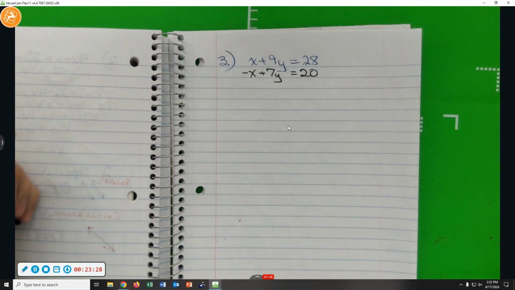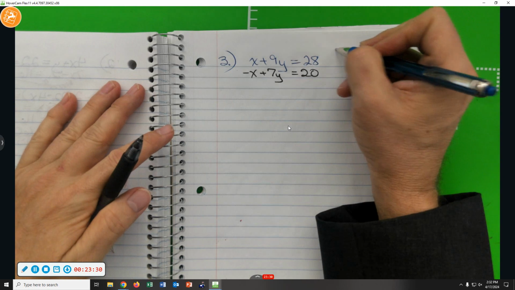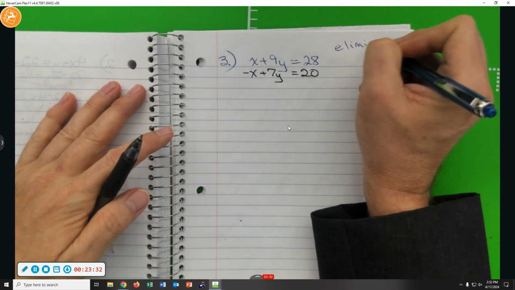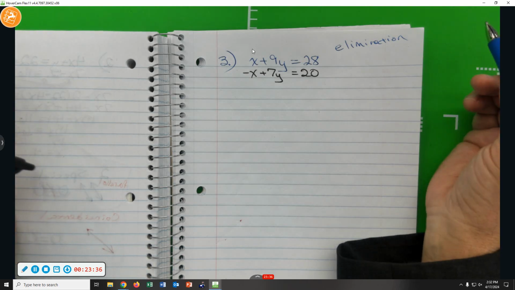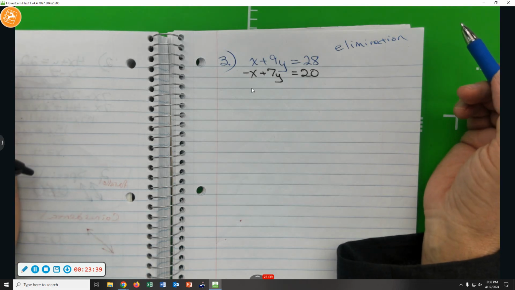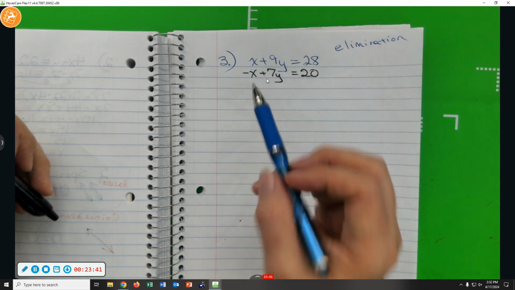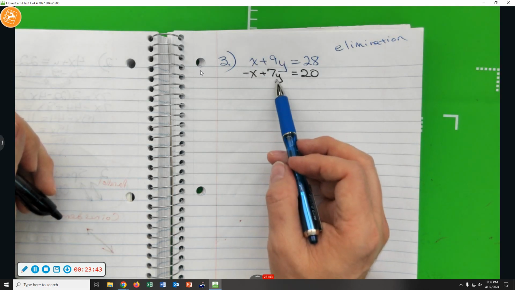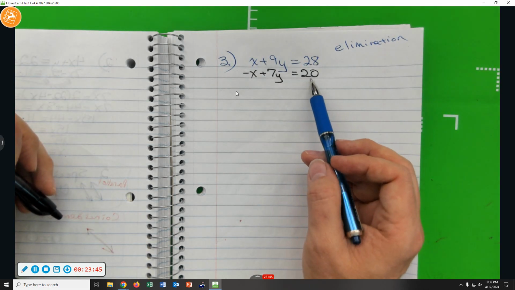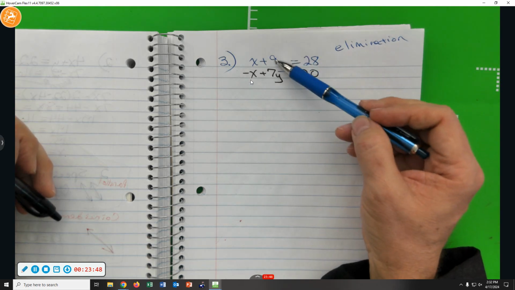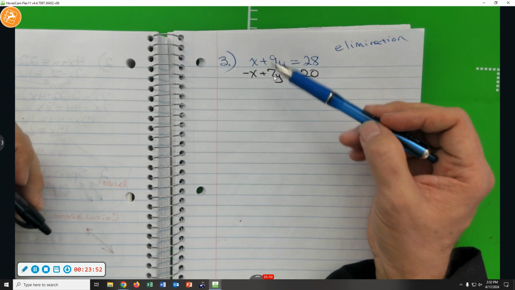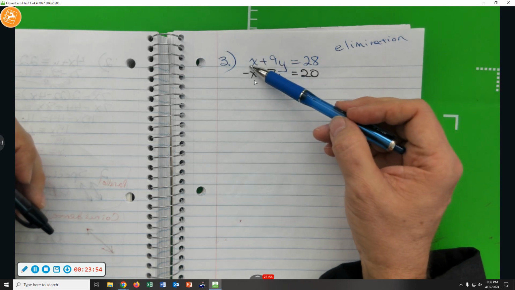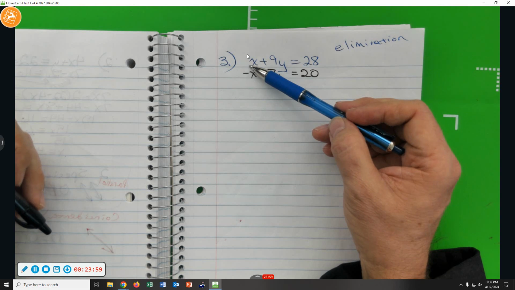Okay, with elimination, you have to have like coefficients for one pair of like variables, but with opposite signs. I claim we already have that. Notice we have the like variables aligned, the constants on the other side. Now, for y's, notice those things are not the same number, but for x, I don't see a coefficient in front of x, so what's that number assumed to be in front of x?